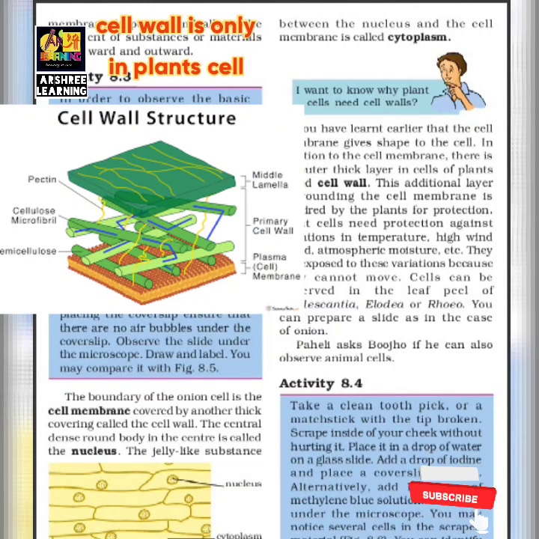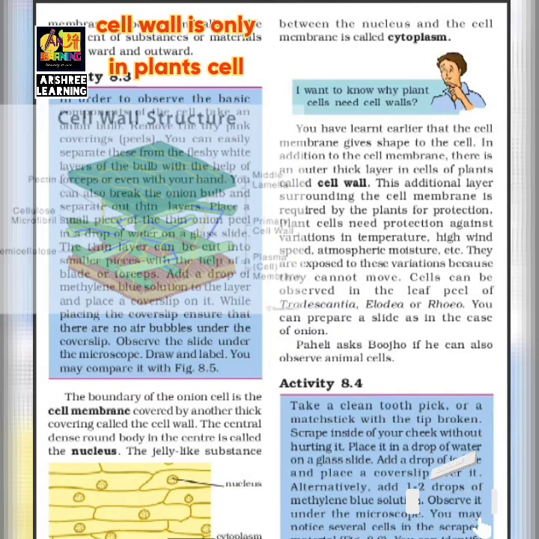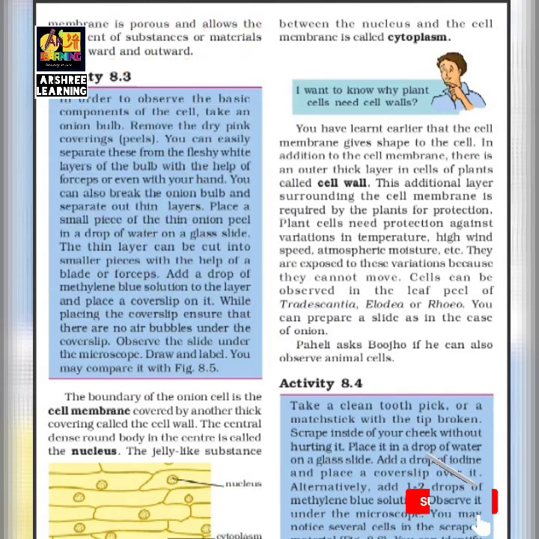They are exposed to these because they do not move. We move when there is any such problem. We can move from one place to another and take precautions, but plants cannot move. So since they are fixed at one place, they need support at the time of wind blowing or any such external forces. So this cell wall gives them support and keeps them straight.